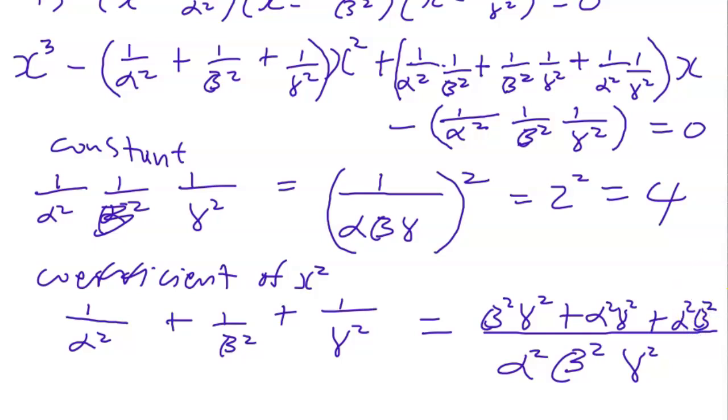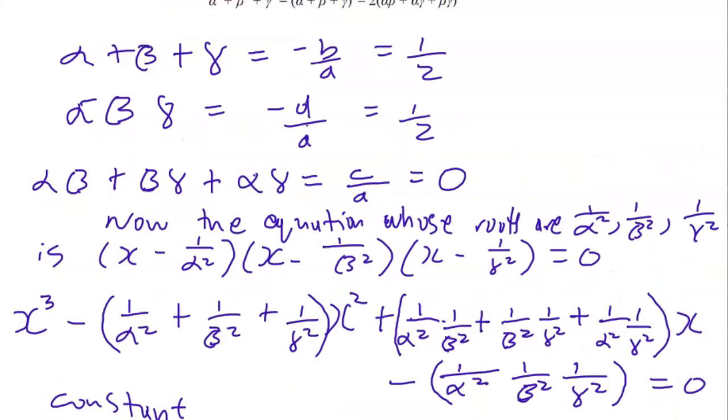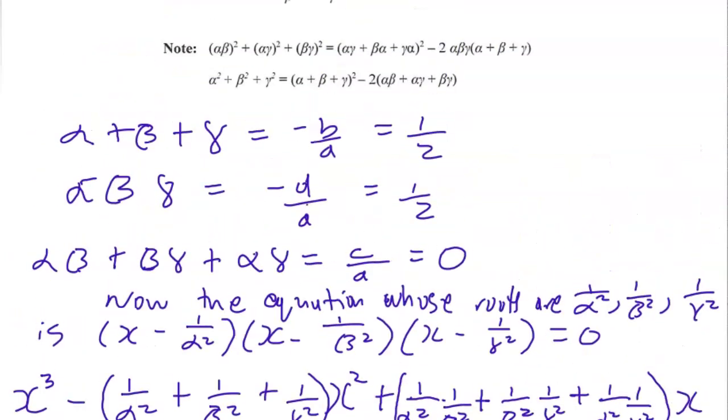Now, very importantly, note that we are given some information here, so we can use this result. Notice alpha beta square plus alpha gamma square plus beta gamma square is equal to all of what we have here: alpha gamma plus beta alpha plus gamma alpha, all square. Let's write it out.